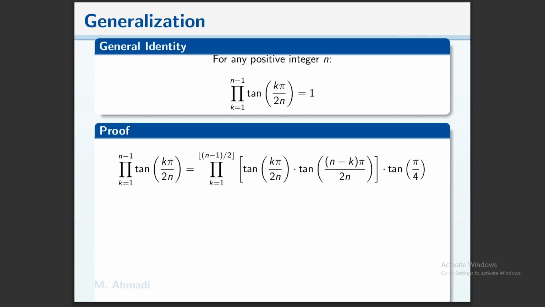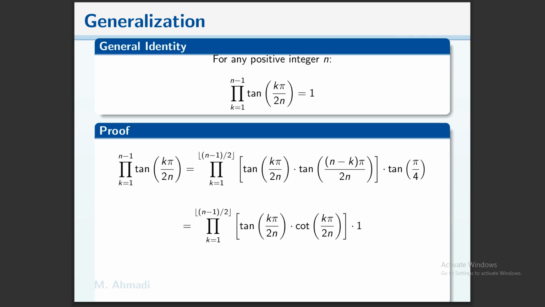We can split this and write the product of tangent of k pi divided by 2n, k from 1 to n minus 1, as the product for k from 1 to n minus 1 divided by 2 of tangent of k pi divided by 2n multiplied by tangent of (n minus k) pi divided by 2n, all multiplied by tangent of pi divided by 4.